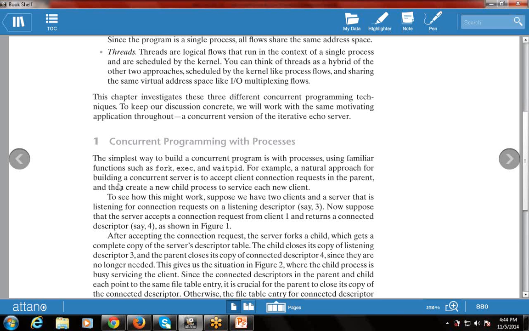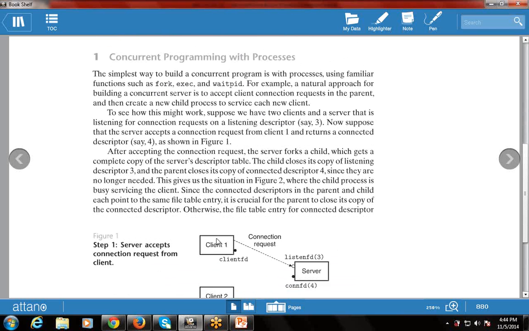There is only one server that is listening for connection requests on the listening descriptor. Now suppose that the server accepts a connection request from client 1 and returns a connected descriptor, say 4, as shown in figure 1.